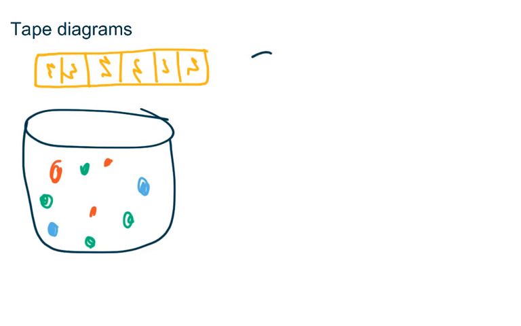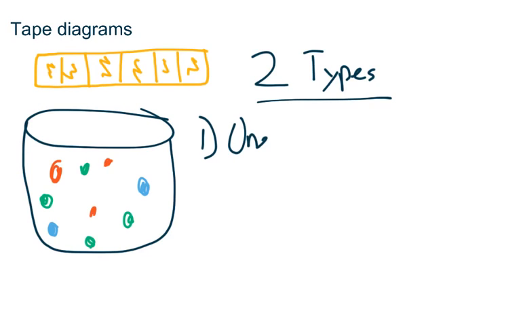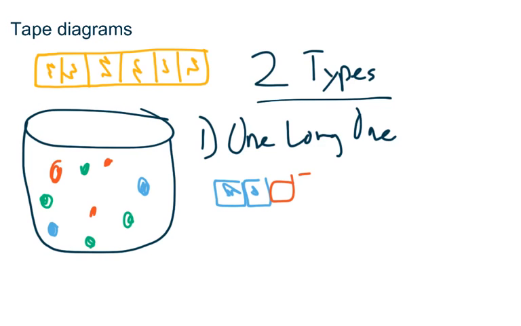We have two types of tape diagrams. The first one is one long one. We take our portions: we have two blues, three reds, 1, 2, 3, and we string them all together with those four greens as well.